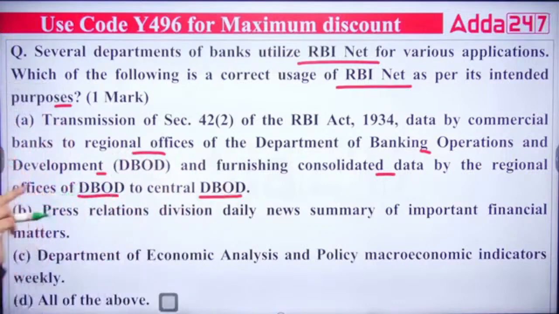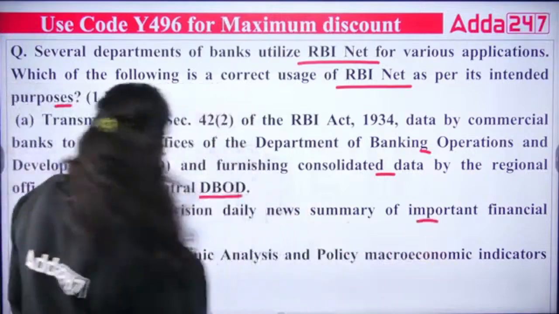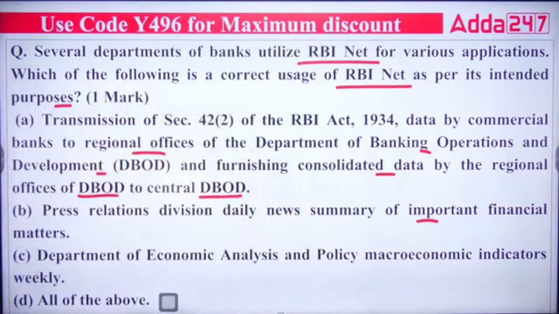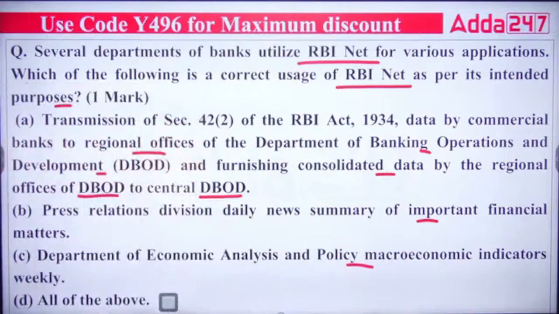Second says Press Relations Division daily news summary of important financial matters. The third says Department of Economic Analysis and Policy macroeconomic indicators weekly, and the fourth says all of the above. Now you have to answer which of the following is the correct use of RBI net.